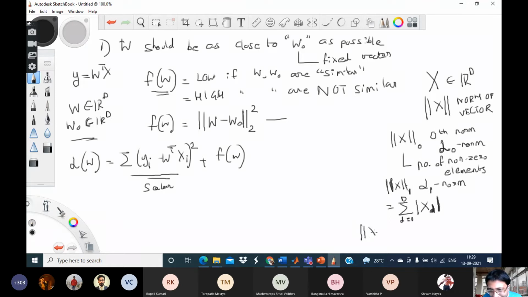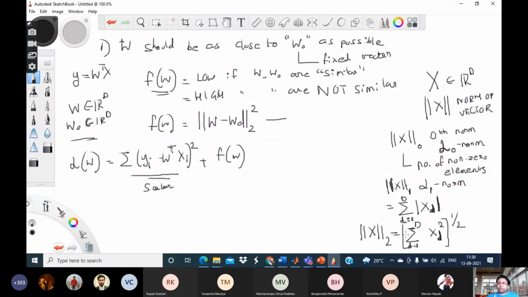The second is the L2 norm. The L2 norm is defined as follows: the square root of x1 squared plus x2 squared and so on up to xd squared. So what is this? This is nothing but the sum of the squares of the different elements, and then I take the root of it.